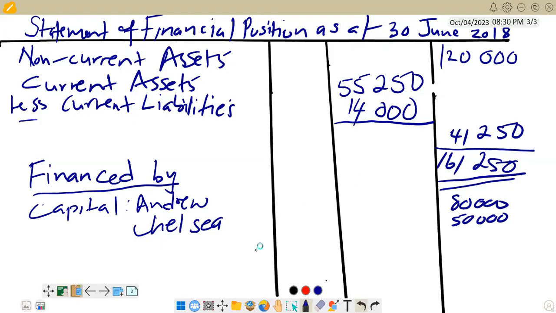From there now we go to our current accounts. For our current accounts, remember the question emphasized that we have to present the current account in the balance sheet. So very important. Right, let's try to move up our page.